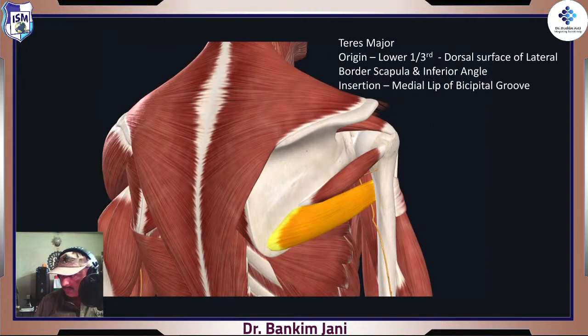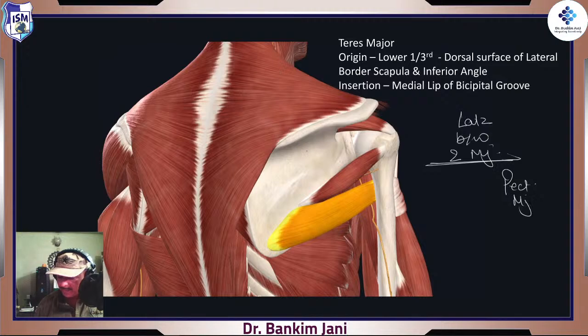So here is now teres major. This teres major, where was it inserted? We said that lats is between two majors. You remember this, right in the beginning. It is the pectoralis major.